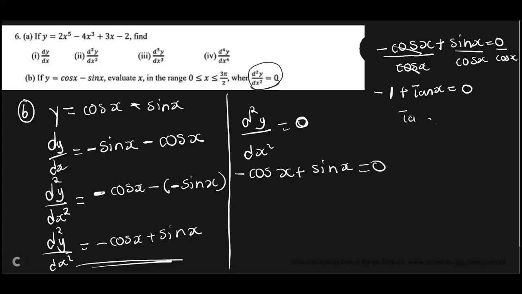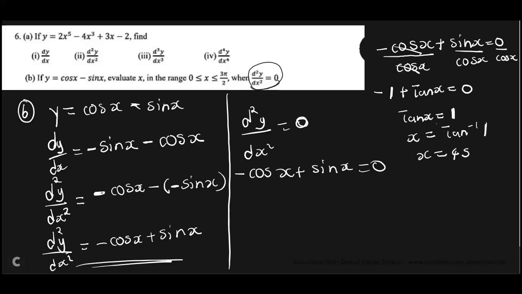Then tan x equals positive 1. And you have to find the value of x, which is tan inverse of 1, and x equals 45.